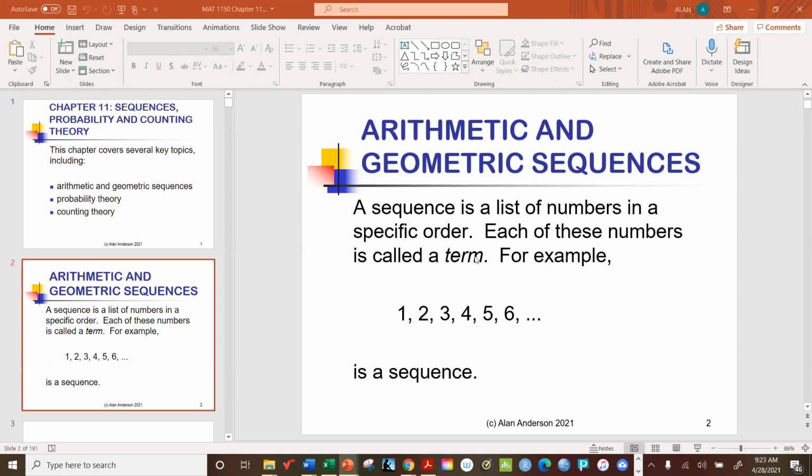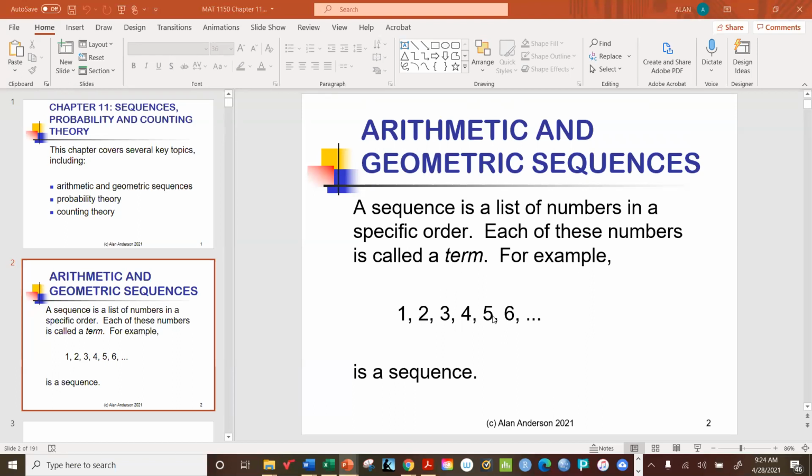If you look at this particular sequence, you'll notice that not only are these the counting or natural numbers, but what's important from the perspective of a sequence is that each one is one greater than the one before it. That's the pattern we're establishing here.